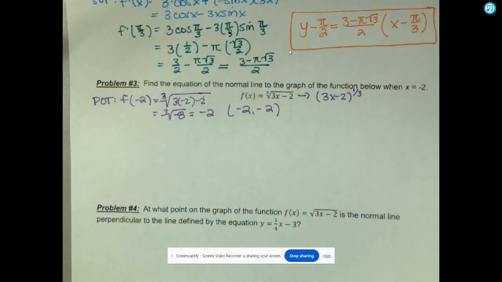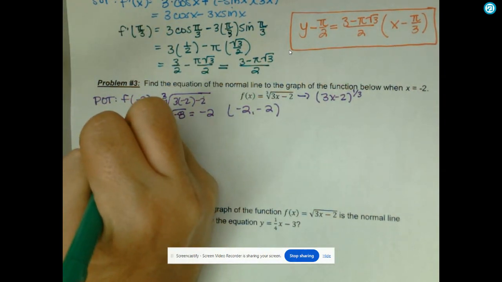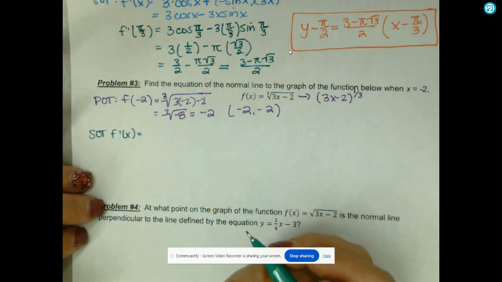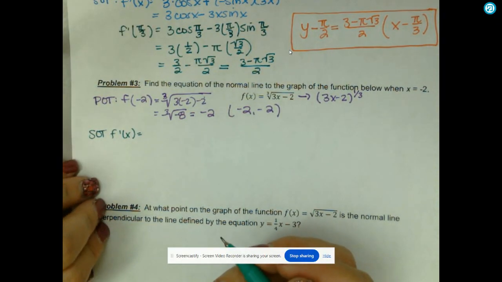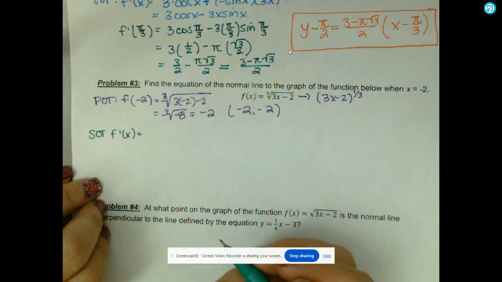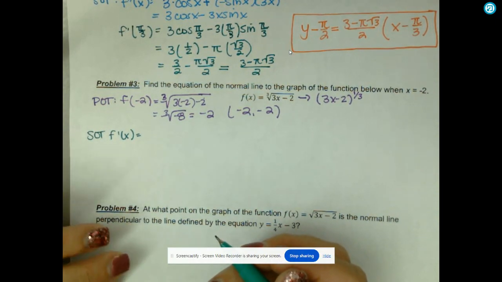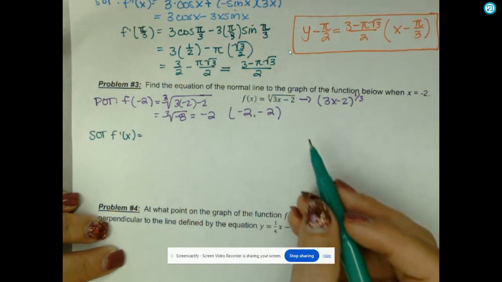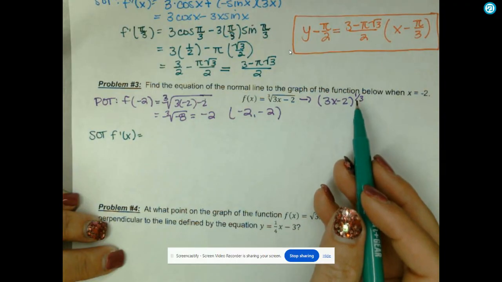All right, so for my SOT, we've got to find our derivative. So the SOT is f prime of x. Okay, so we are going to have to use our chain rule here. So remember, our whole donut is w to the 1/3 power.